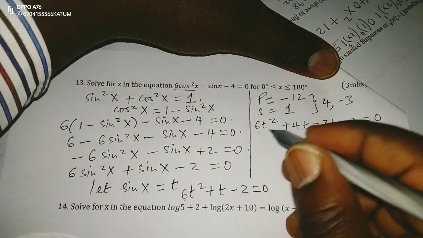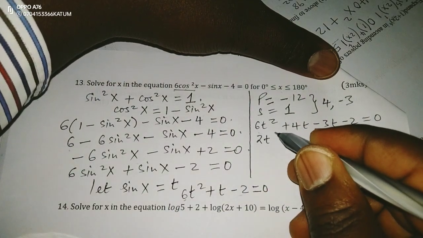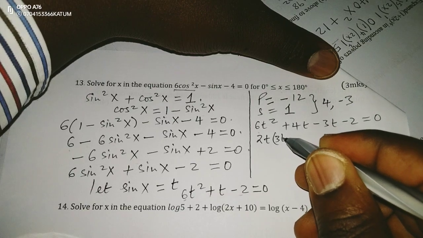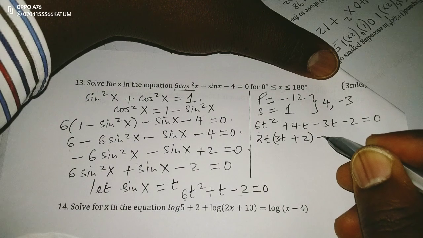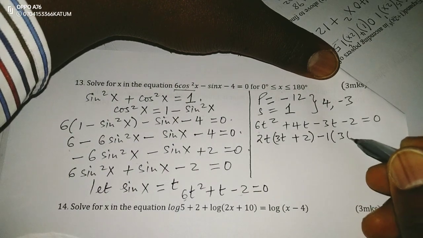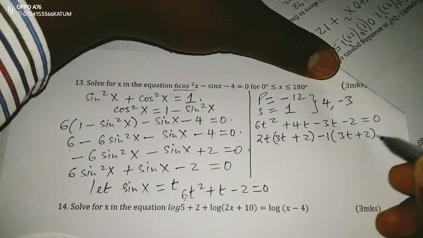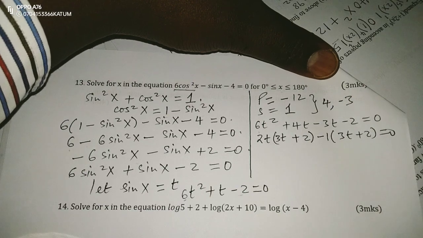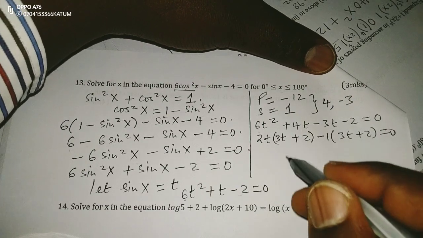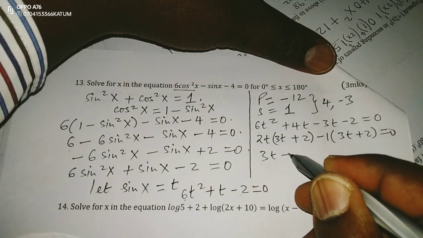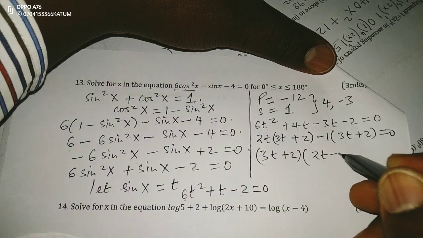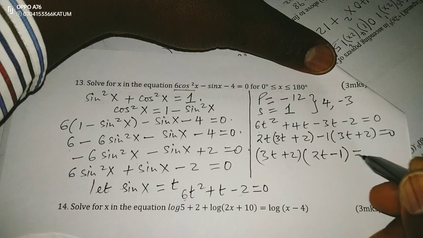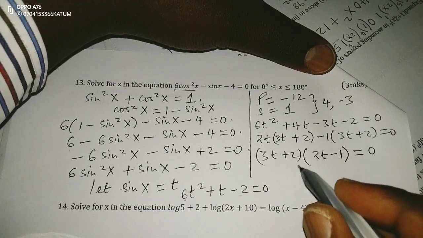We factor out whatever is common. We have 2t, so this will be 2t(3t plus 2) minus 1(3t plus 2) equals 0. This means we have (3t plus 2)(2t minus 1) equals 0.